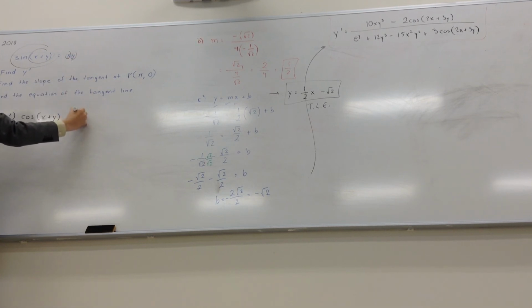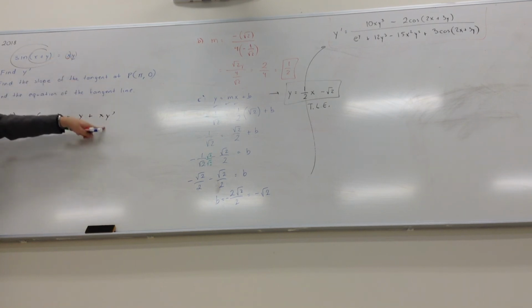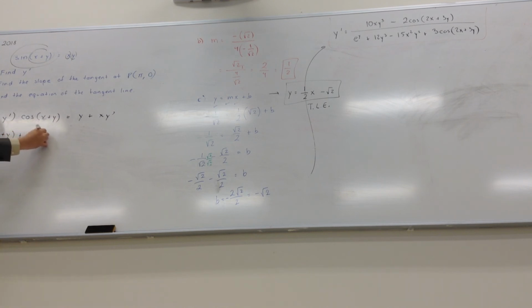Y prime times y plus y x prime. Derivative 1 times y plus x times the derivative of y, which is y prime. Okay? Now, as I told you before, you have a binomial times the cosine. What do you do? Multiply. So 1 times cosine is cosine plus y prime cosine of x plus y.